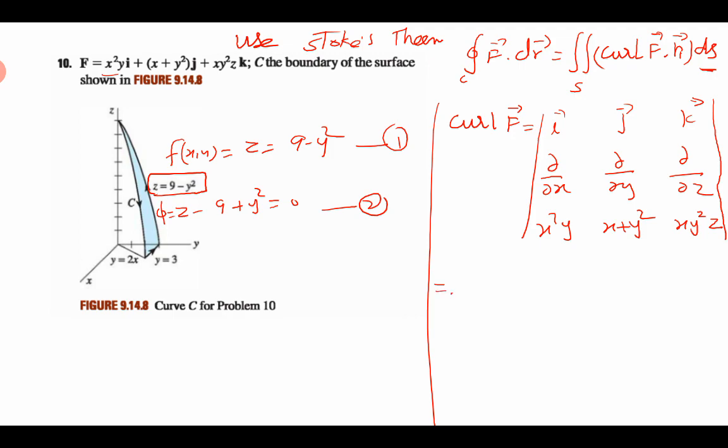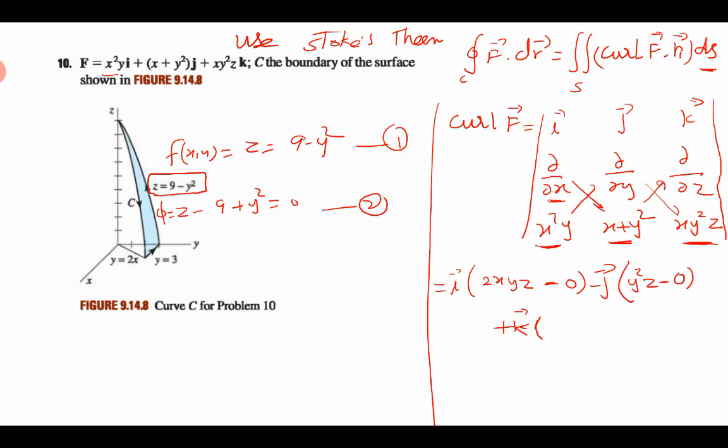Differentiating with respect to y, you find 2xyz, minus the derivative with respect to z, which is 0, minus j vector, differentiating with respect to x, y square z, minus the derivative with respect to z, which is 0, plus k vector times what?